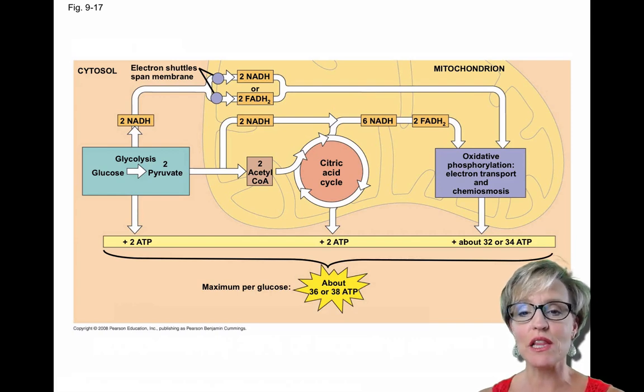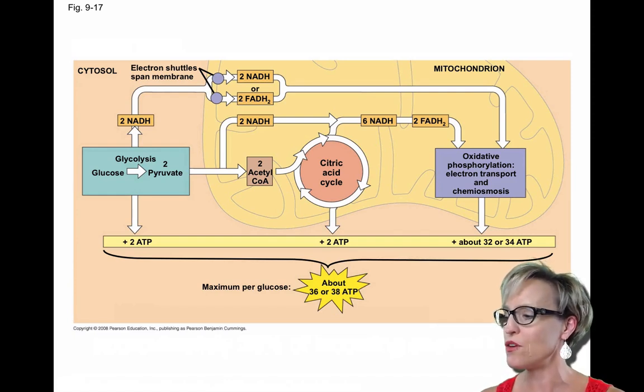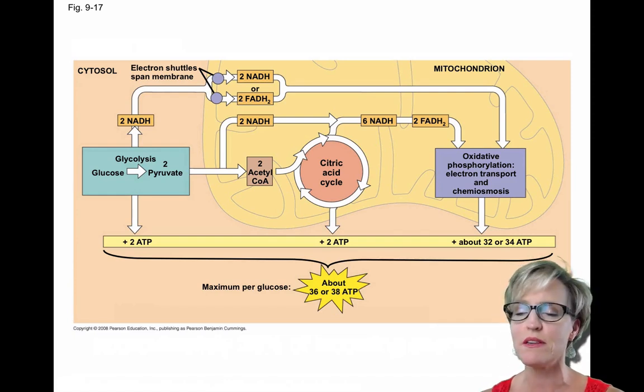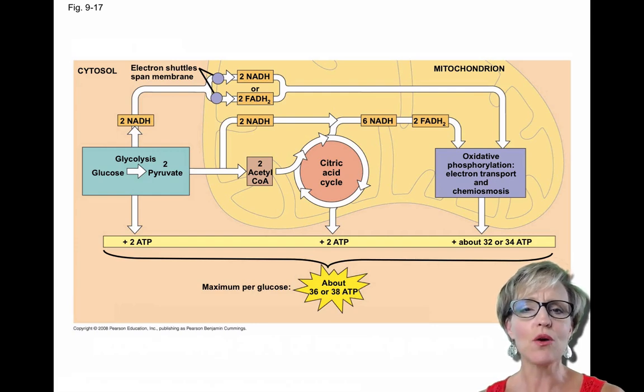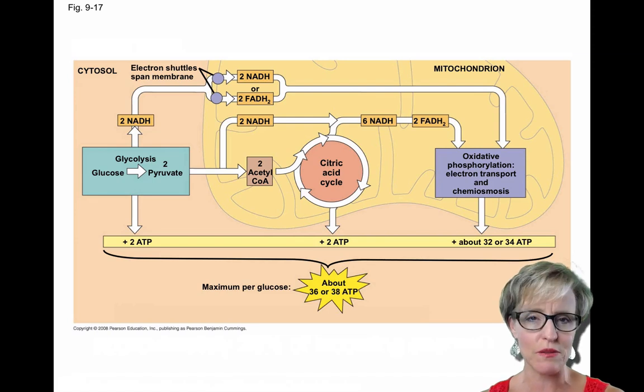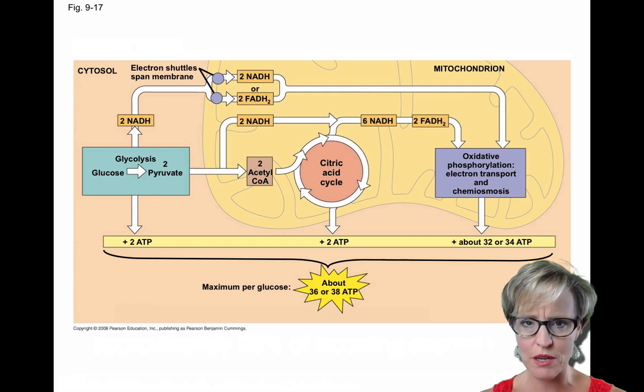Okay, this is the last picture of this whole cycle. I wanted to mention something in your book. If you will turn to page 176, our new edition books have a different number of ATPs being generated. I don't know whether it's a misprint in our new edition.